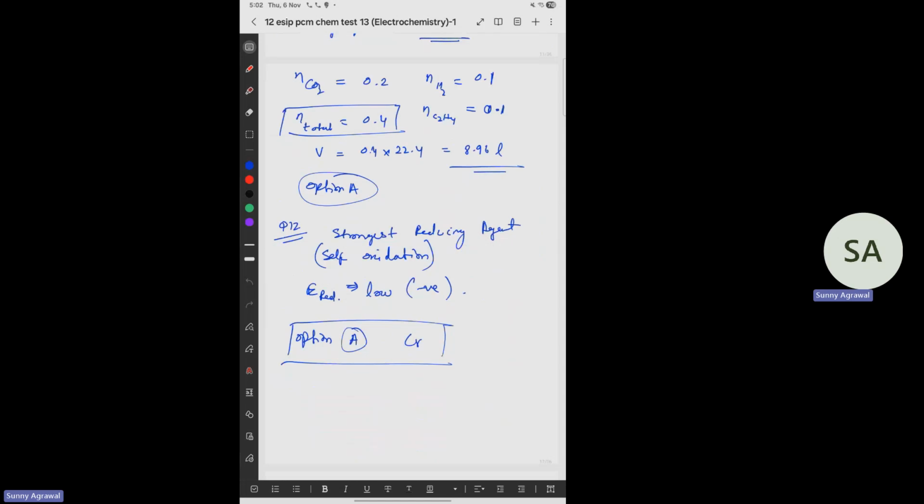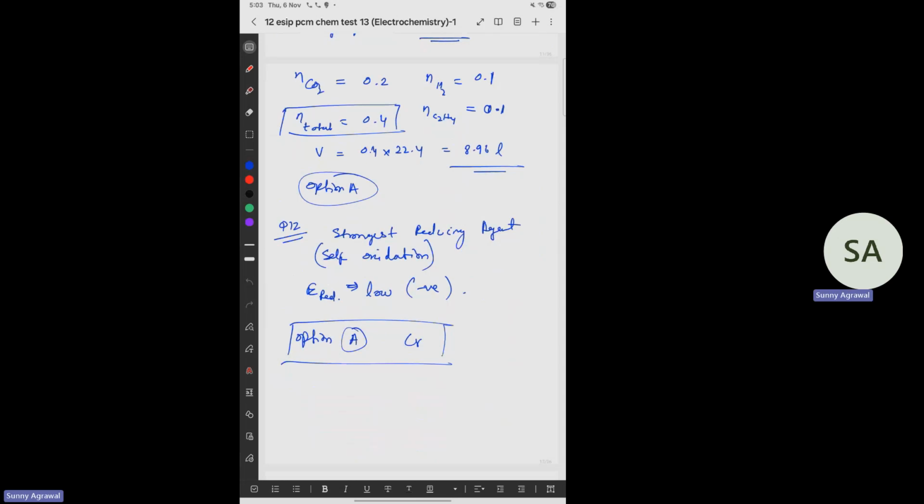Question number 12. We are given E0 values for chlorine, chromium, chromate ion, and MnO4 minus ion. So we have reduction potentials here, and they are asking us which will be the strongest reducing agent.